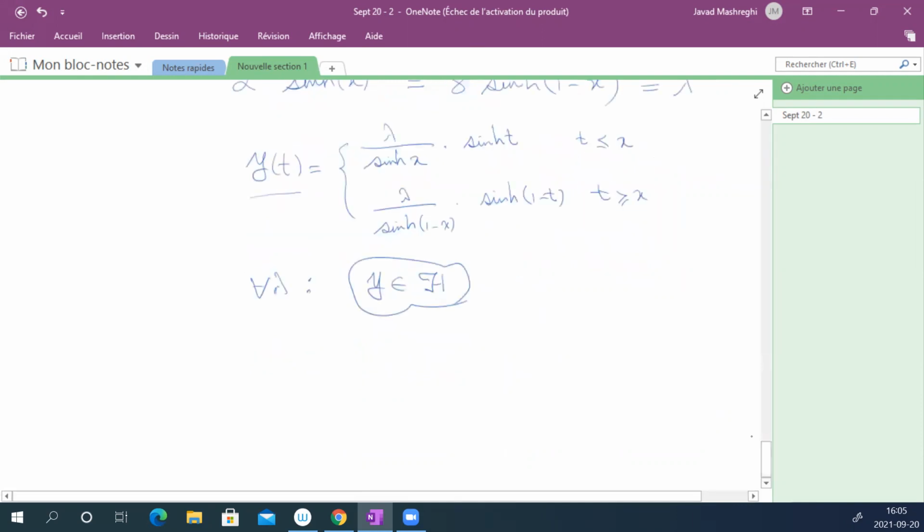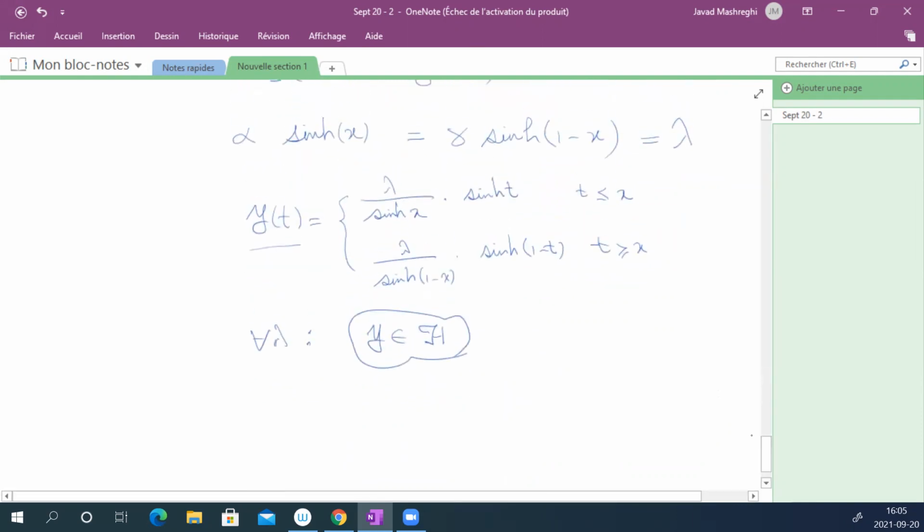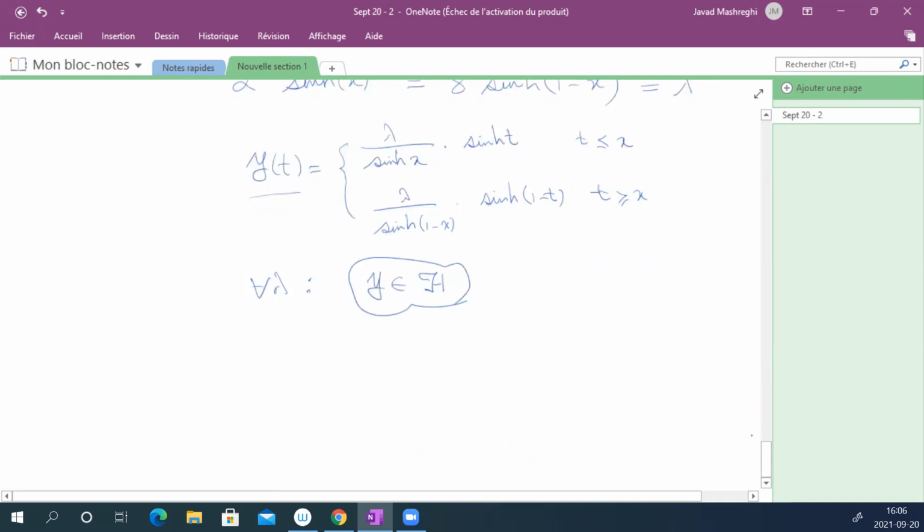Both methods are good. For example, if we want to verify the differential equation, then starting from this definition, we see that y prime is equal to lambda. Prime is with respect to t.